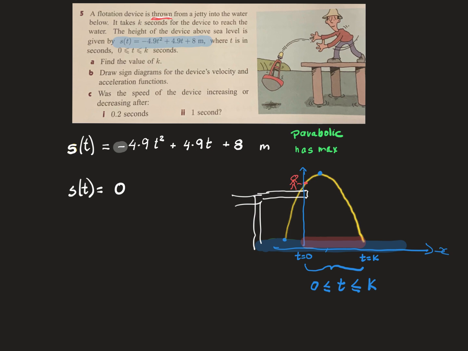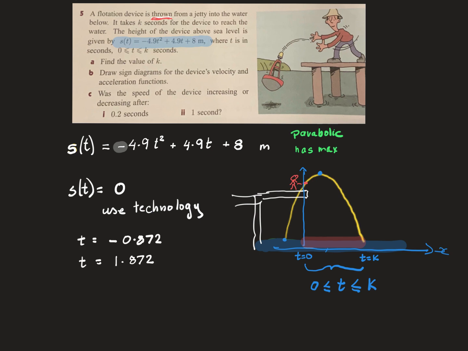Now this particular equation is a little bit complicated for factorization, so I suggest you use technology. That means you use your calculators. And if you do that, you actually receive two values for the time.